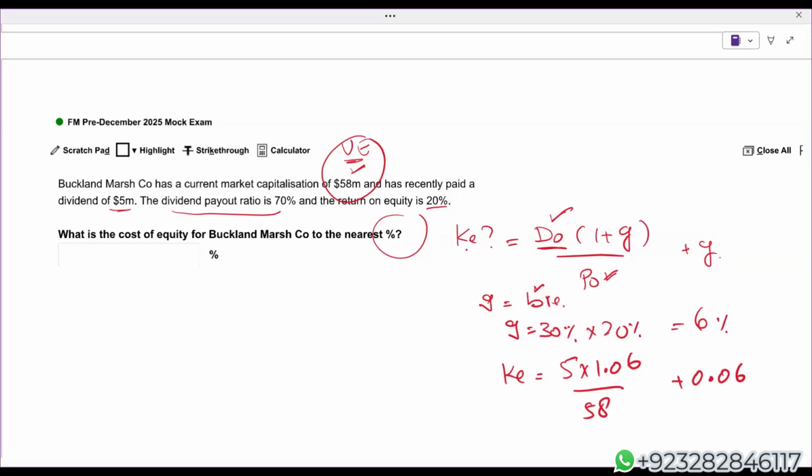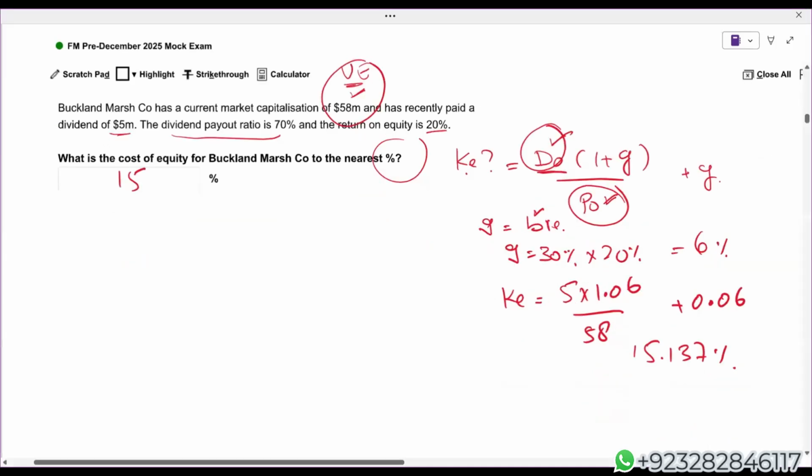When the numerator has a total dividend, the denominator needs to have the total market value of equity. 5 multiplied by 1.06 divided by 58 plus 0.06. I am getting 15.137%, so to the nearest percentage, make it 15. Logically, K is 15%.